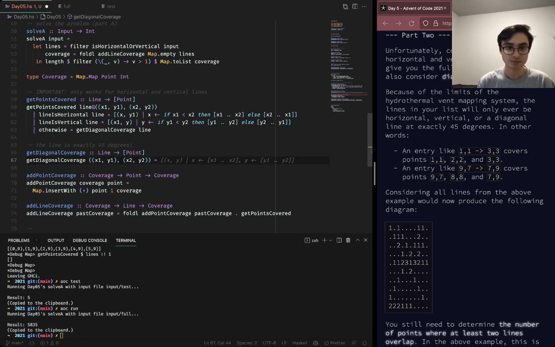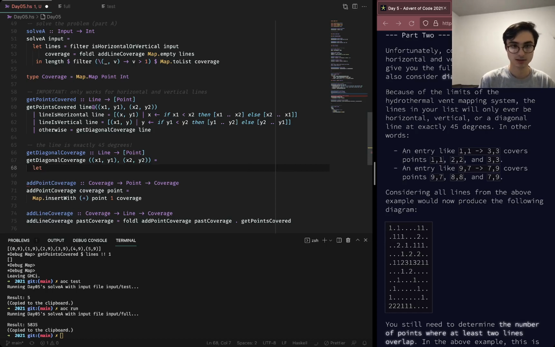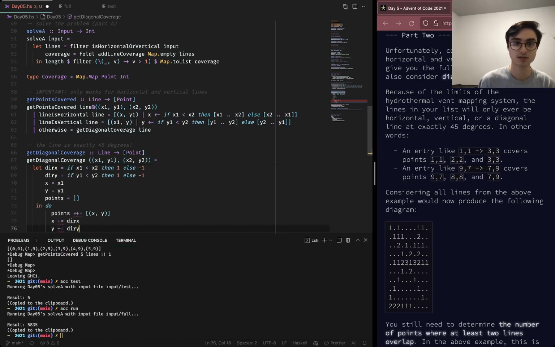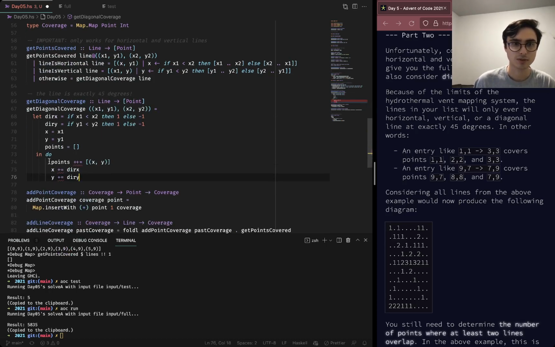So let dir x equal... Oh my goodness. No, I don't want to do block. Wait a minute. This is like a very silly imperative sort of way to do it.